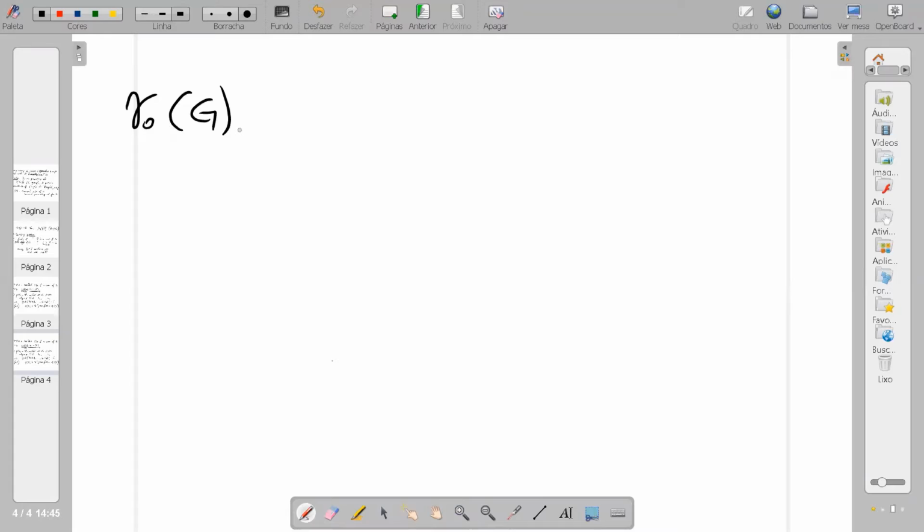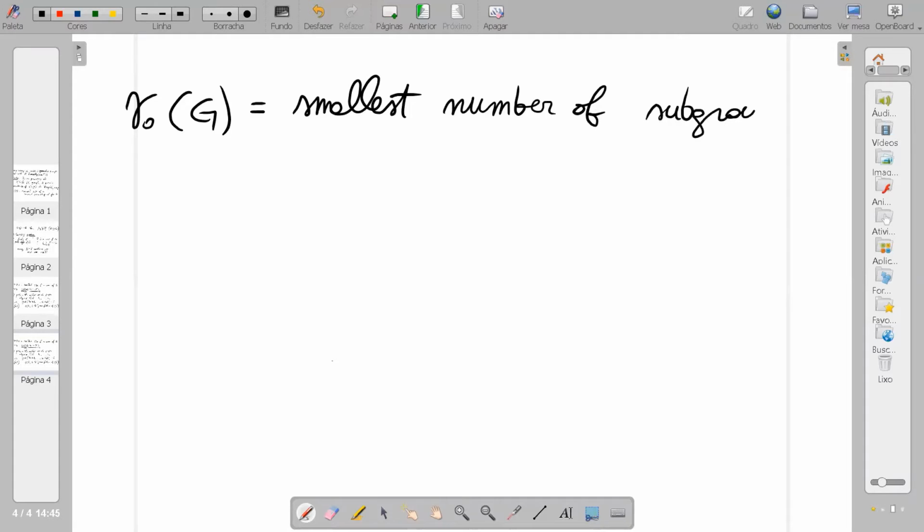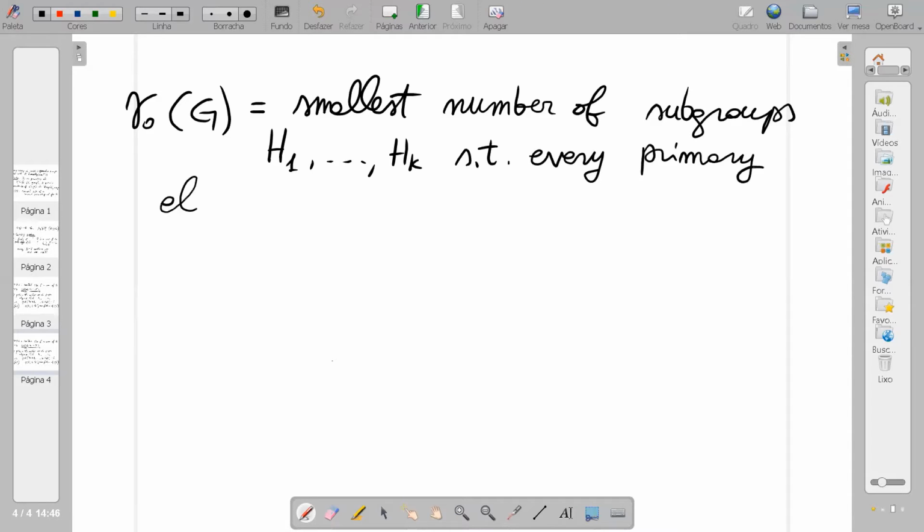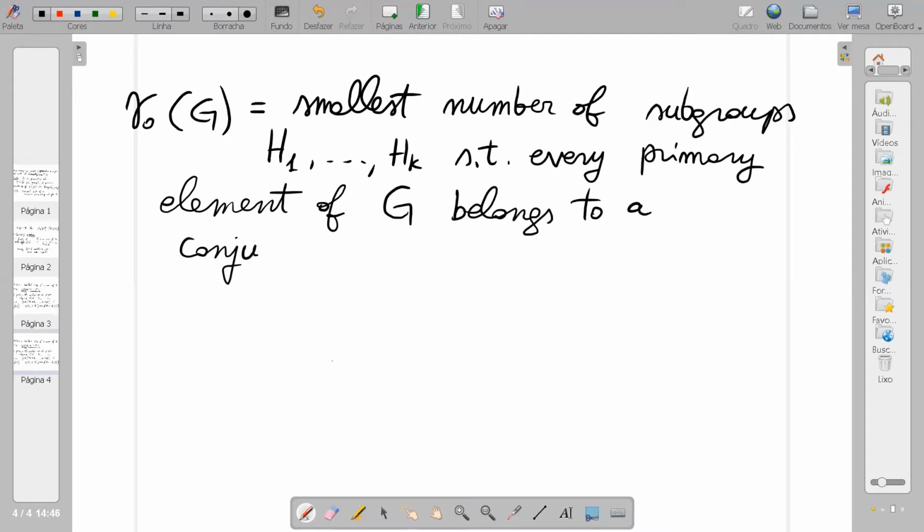We define gamma 0 of G. This was studied by Francesco Fumagalli, and this is the smallest number of subgroups H1 up to HK, such that every primary element of G belongs to a conjugate of some Hi.